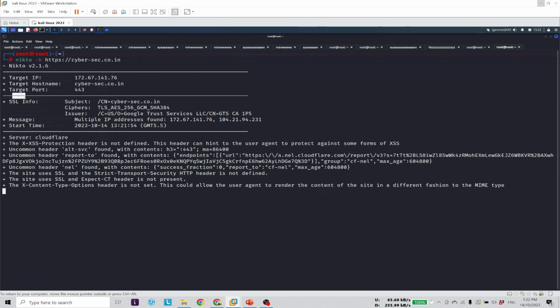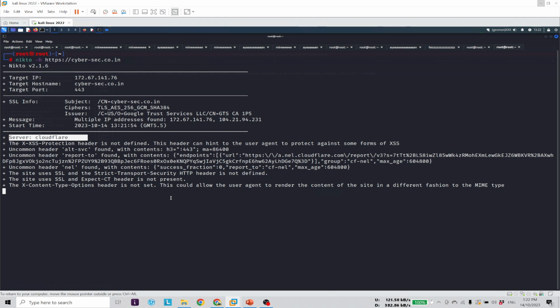It shows the SSL information and messages, how many IP addresses have been discovered, and when the scan started. The server available is Cloudflare, and there are the headers. So many things it is showing.